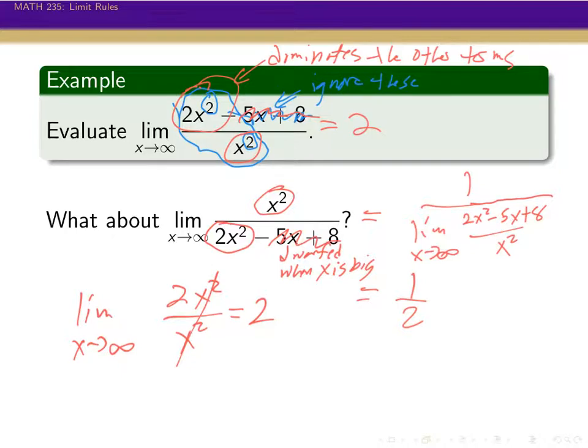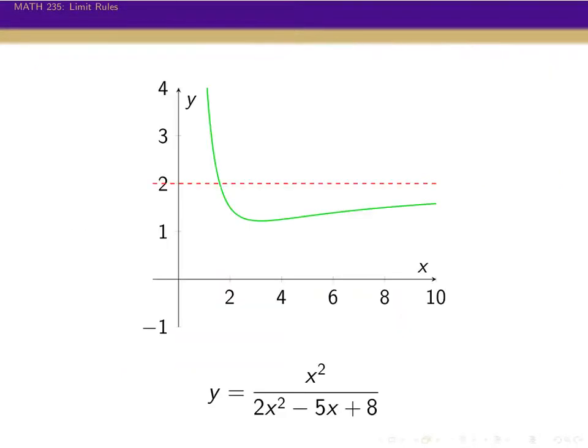Okay. Now, what's a graph of this look like? So here's a graph of the function. And so we said the limit is 2. And as you see, we start off, the function kind of is wiggling around. In fact, it actually goes off to infinity as x goes to 0 from the right. This is the wrong function here. This should be flipped.